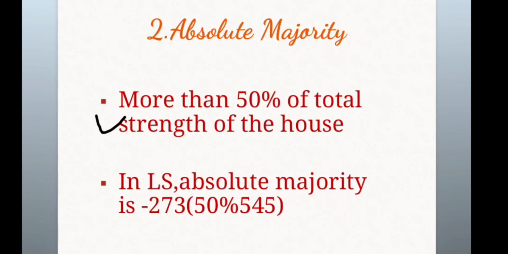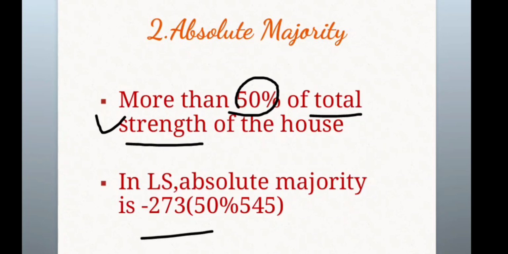Absolute majority refers to the majority of more than 50% of total strength of the house. For example, total strength of Lok Sabha is 545. So absolute majority is 50% of this total strength, that is 50% of 545, 273.